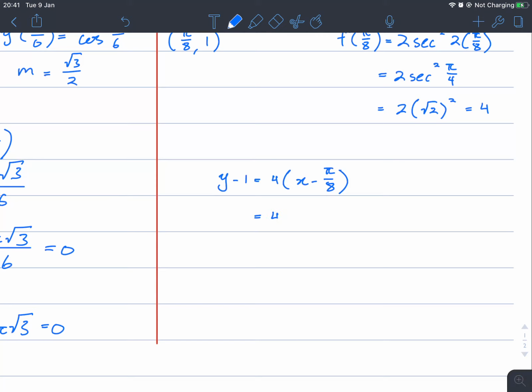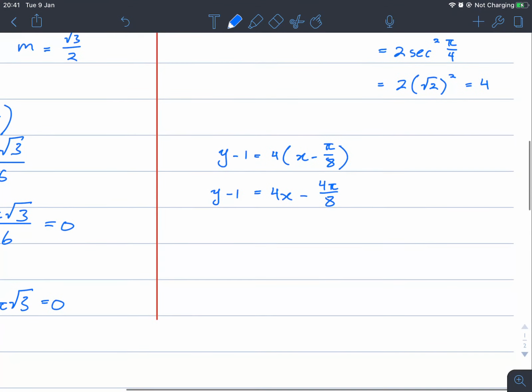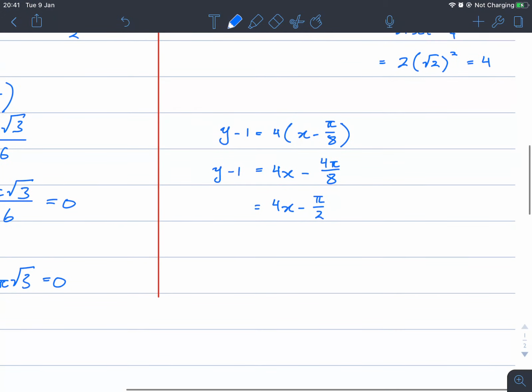We get 4x minus 4 pi on 8, that's y minus 1. Simplifying this right hand side, we get 4x minus pi on 2. And we're going to move this minus 1 by adding plus 1 to both sides.